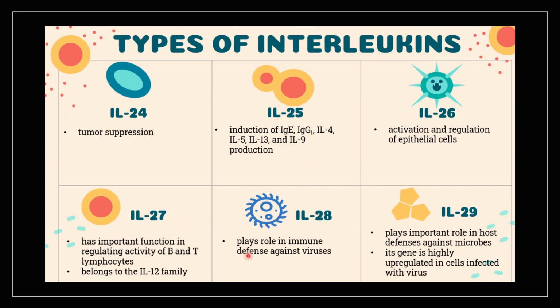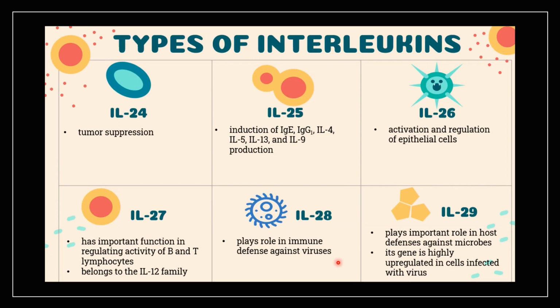For interleukin 28, they originate from nucleated cell types, particularly dendritic cells in response to viral infection. Their target cells are tissue-resident cells, primary monocytes, myeloid and plasmacytoid dendritic cells, and lastly CD4 cells. Their major function is to play a role in immune defense against viruses.